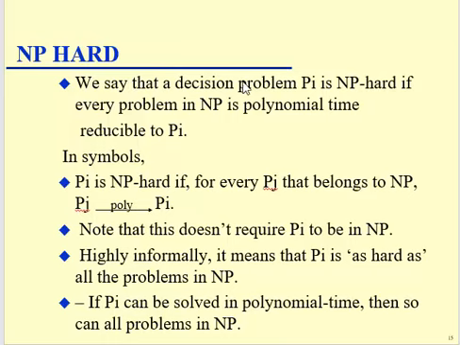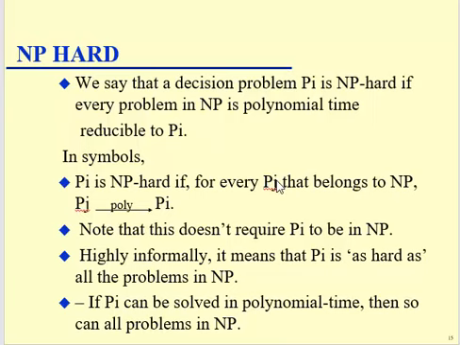Now suppose I'm taking a decision problem PI and I want to prove that PI is NP hard. Now it would be NP hard if every problem in NP is polynomial time reducible to PI. Let's suppose I am going to take PJ, and suppose PJ belongs to NP.